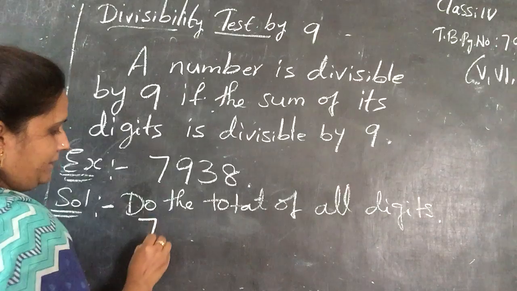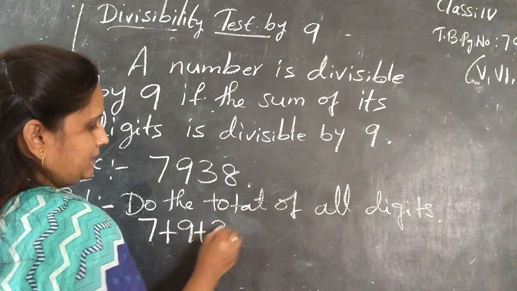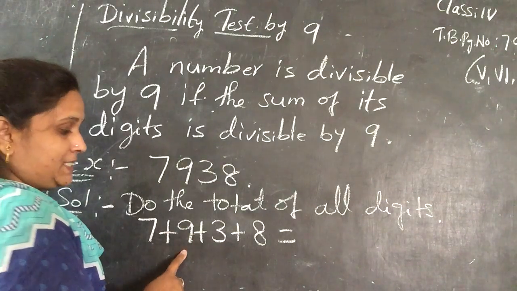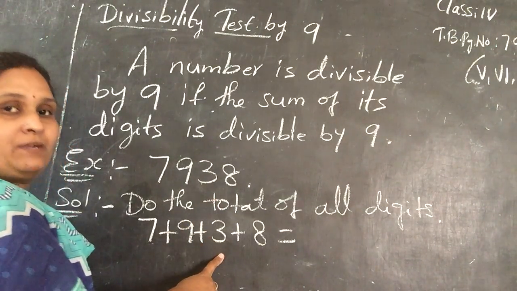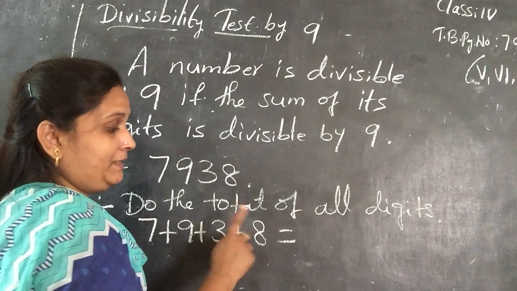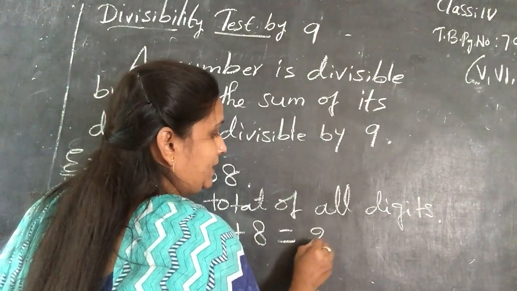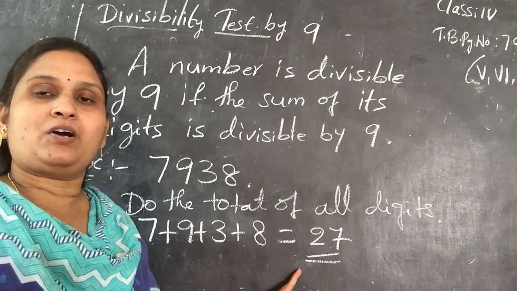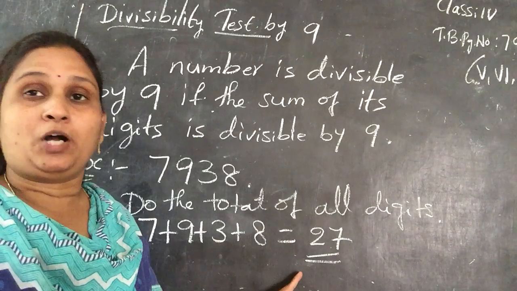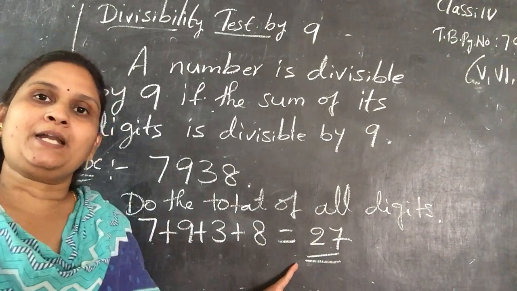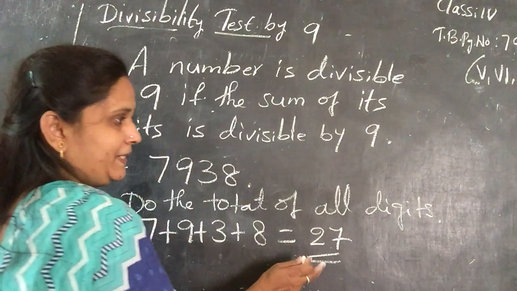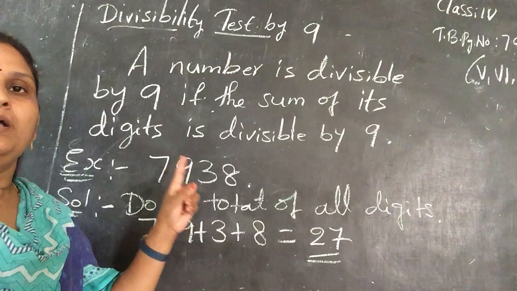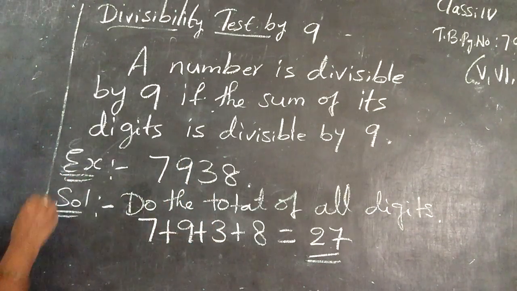It means 7 plus 9 plus 3 plus 8. 7 plus 9 is 16, 16 plus 9 is 25, 25 plus 8 is 33. Is the total a multiple of 9 or not? The total was taken as 27: 9 3s are 27. So as it is a multiple of 9, the given number 7938 is also divisible by 9.